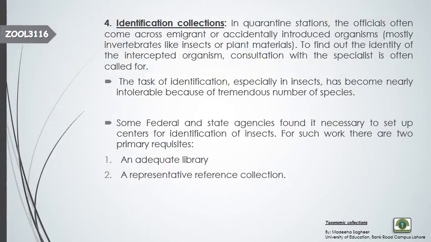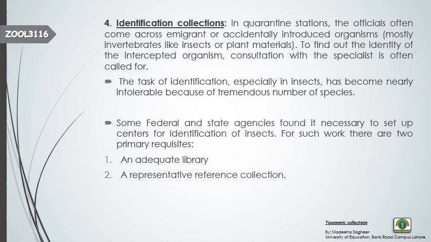Okay, the next kind of collection is the identification collections. These are collections that are met accidentally. Sometimes taxonomists are working on their own group of specimens, but they may encounter a new, unintroduced organism.